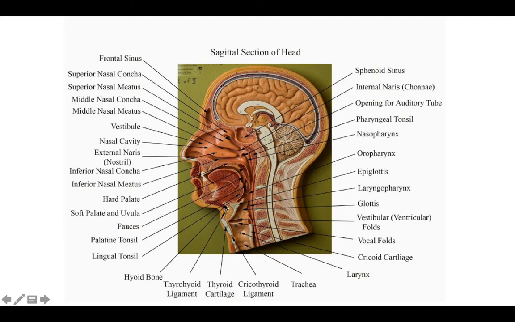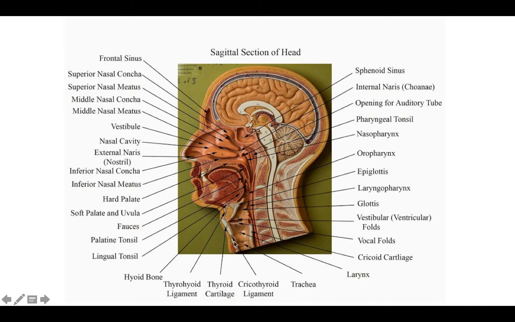That's why the hyoid bone is important here: it helps hold that thyroid cartilage in place. And that thyroid cartilage is there to help protect the larynx and especially the vocal folds.